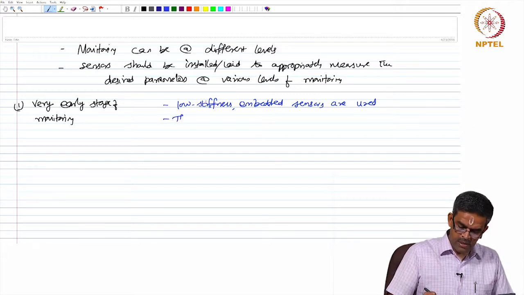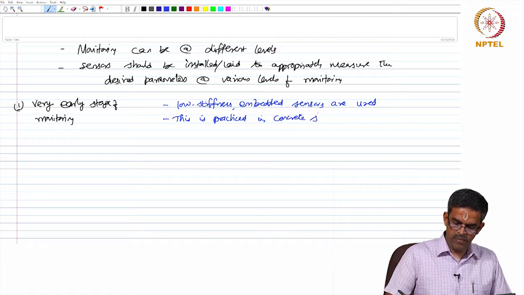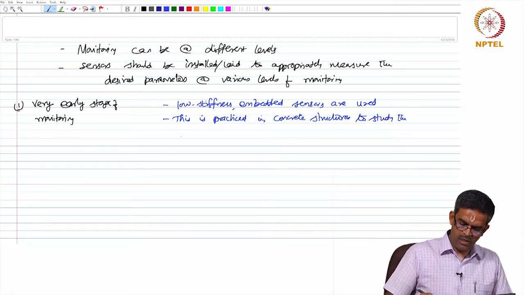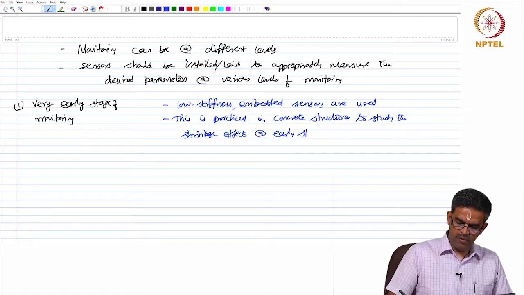Generally, this is practiced in concrete structures to study the shrinkage effects at early stage of construction.